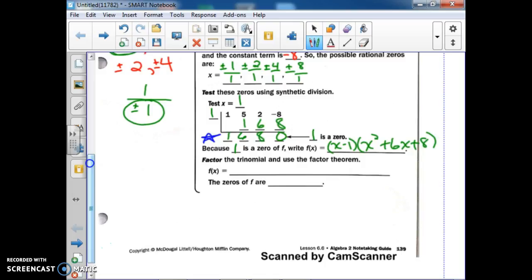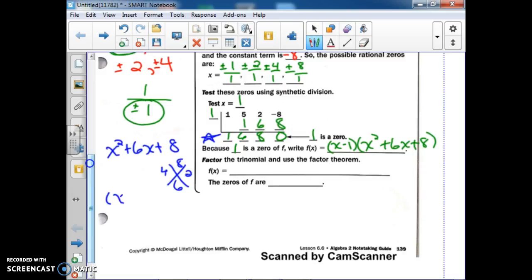So now we want to factor the trinomial x squared plus 6x plus 8 so that we can get all of our linear factors. We need numbers that multiply to be 8 and add to be 6. So that would be 4 and 2.